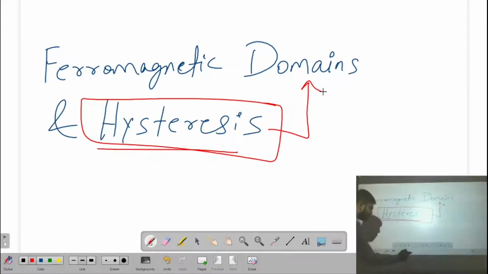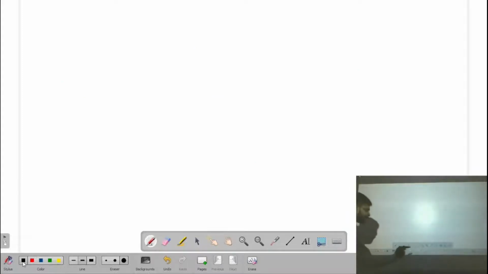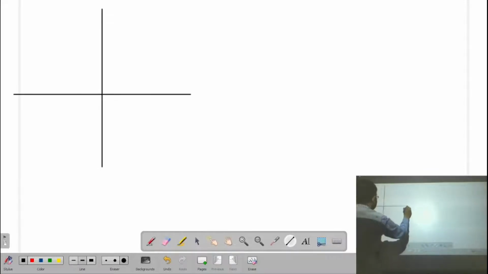So first of all, let us have a graph of hysteresis for a ferromagnetic material. The graph will be, as we all know hysteresis very well, something like this.